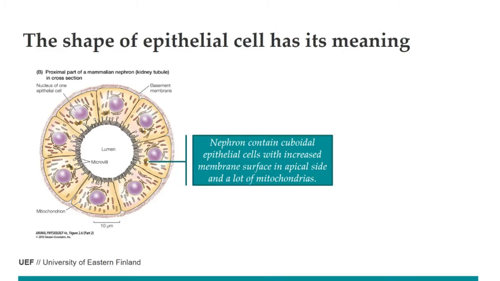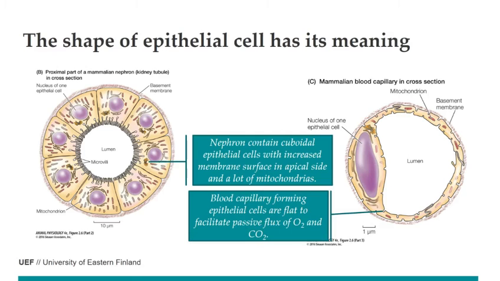And then there are a lot of mitochondria to give enough energy for the cell processes, etc. But when we have a blood vessel, these are very flat cells, so there's an easier flux of gases from the blood vessel to tissue, etc. And they are so flat that although over here we have three different epithelial cells, only one nucleus is seen, so they are a little bit longer cells.